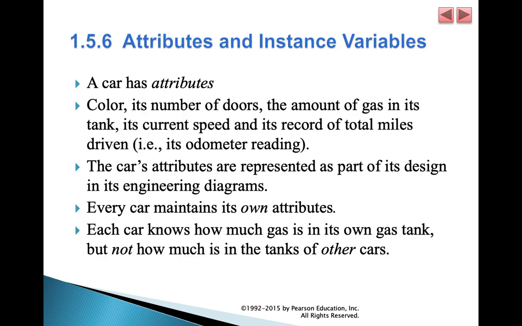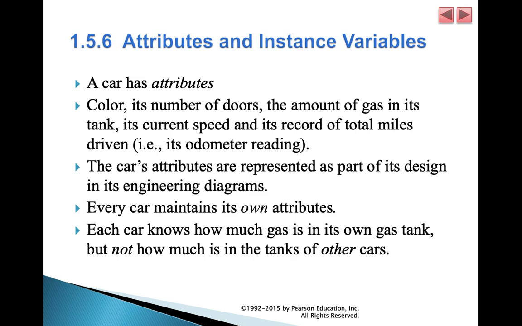So attributes and instance variables. A car has attributes, for example, the color, number of doors, amount of gas in its tank, and so on. The car attributes are represented as a part of its design and its engineering diagrams. Every car maintains its own attributes, and each car knows how much gas is in its own gas tank, but not in the other car's tank.